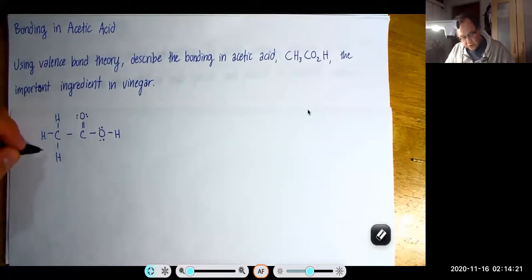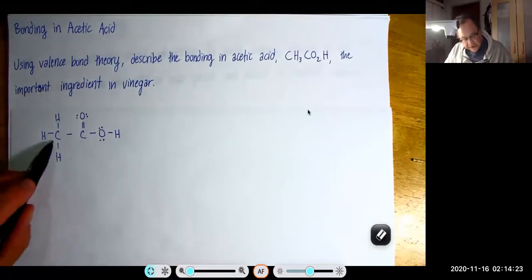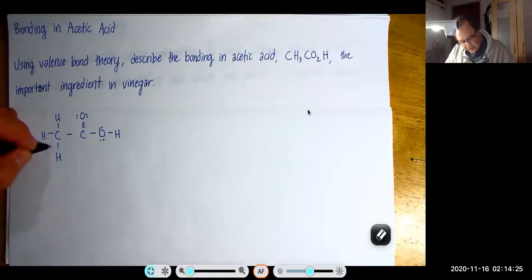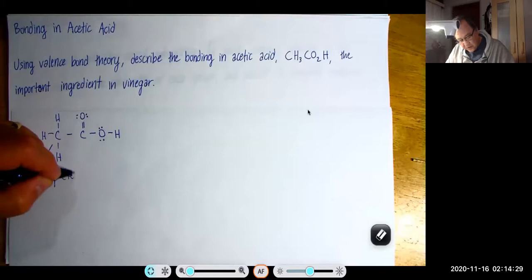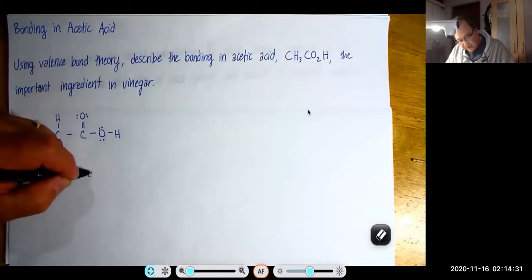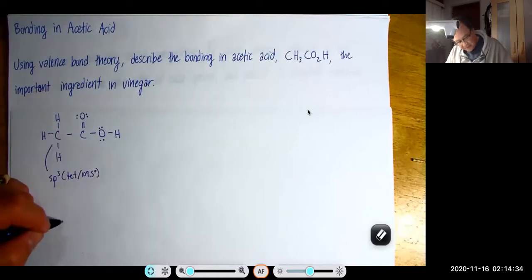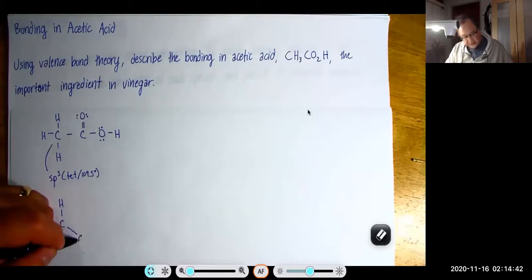So if we want to draw this, what is the hybridization here? sp3, and that's going to be tetrahedral, 109.5 degrees. And let's go ahead and draw that. And that goes to this carbon here.